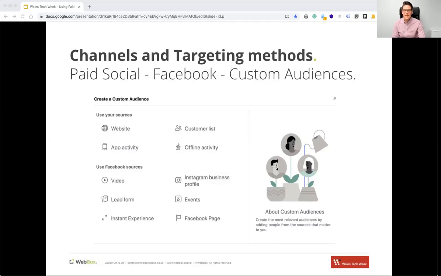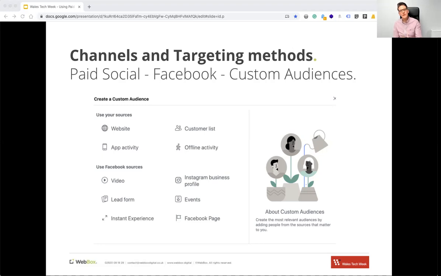So custom audiences then, how do they differ? This allows you to import user email addresses and or install the tracking pixel on your website for retargeting through the social media platform. We found this kind of targeting works really well if I stick on business to business for now. For example, with your website visitors, we could target people who've already shown some interest in your services by browsing your service pages on the website.